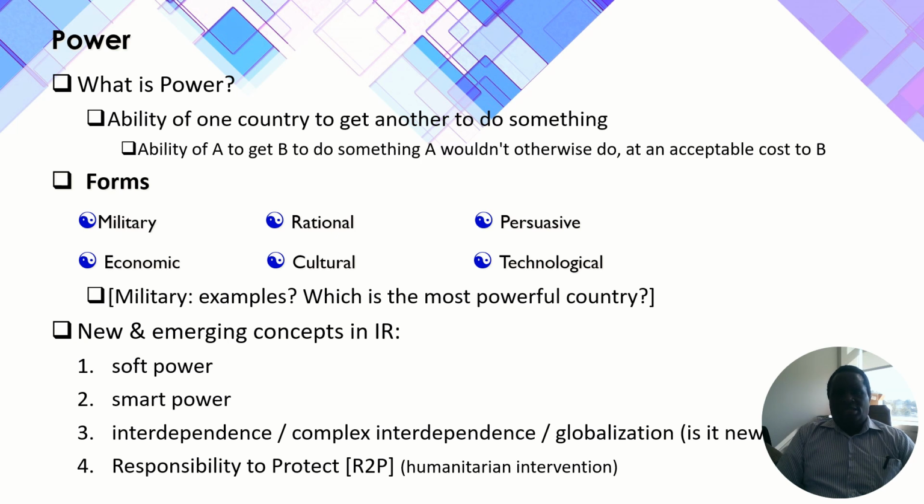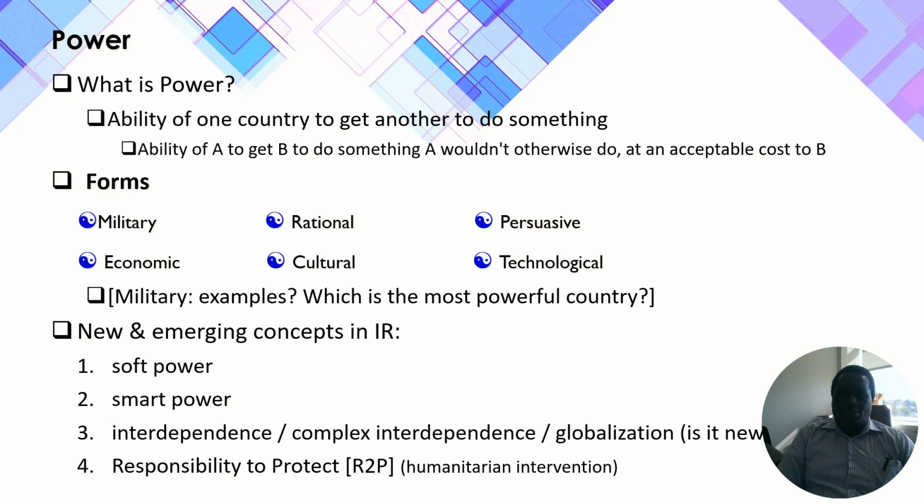We also see technological power, which often then builds into the military and economic. So think about GPS being used worldwide, or radio being used to broadcast, or movies. So they are interchangeable.